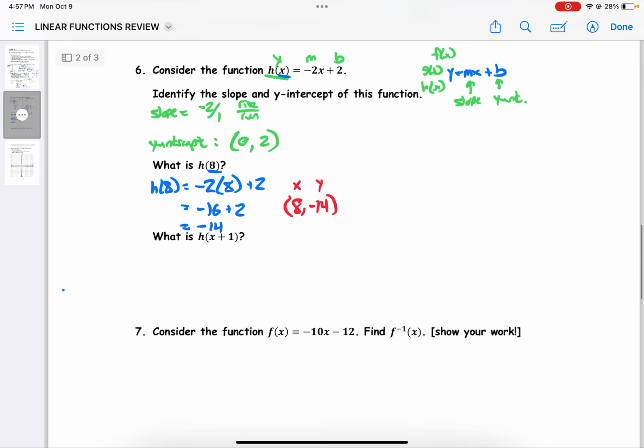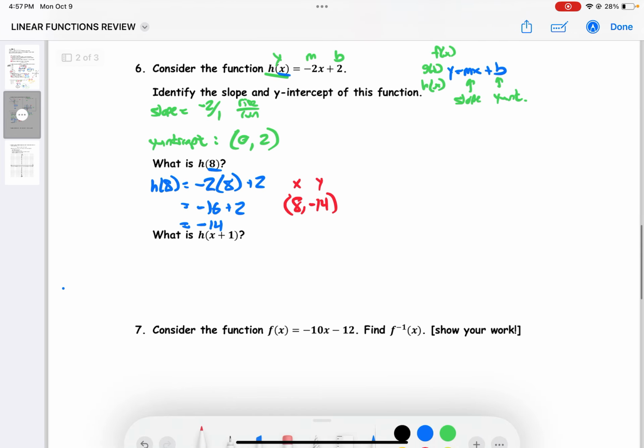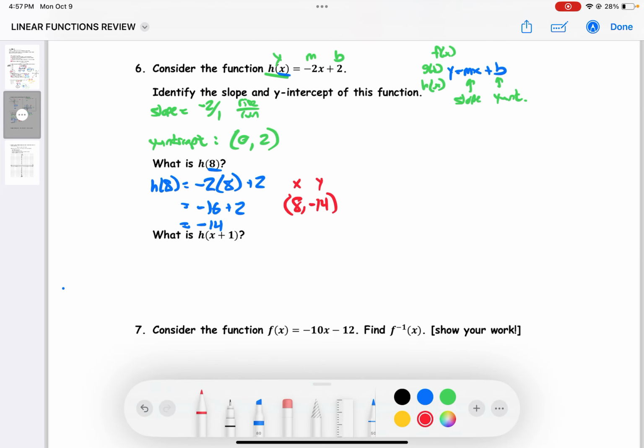Then we get h of x plus 1. Don't be scared by the fact that there is a variable inside of the function notation, inside of the input, right? Your process is not going to change. H of x plus 1. Now, every time I see my letter x, I'm going to plug in an x plus 1, right? So -2 times parentheses x plus 1, plus 2.